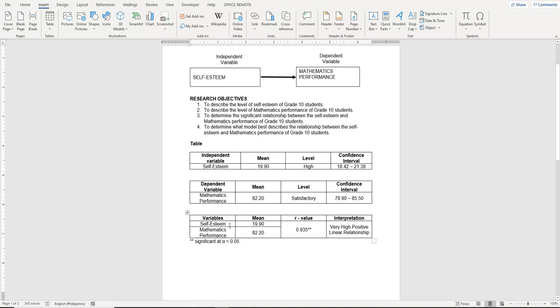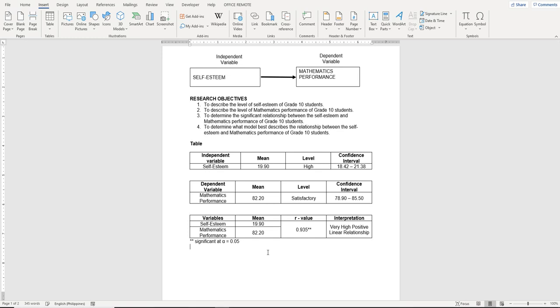However, if the variables have no significant relationship, we are going to accept our null hypothesis, and then we're not going to proceed to number 4. The two asterisks here mean that we are going to reject the null hypothesis.